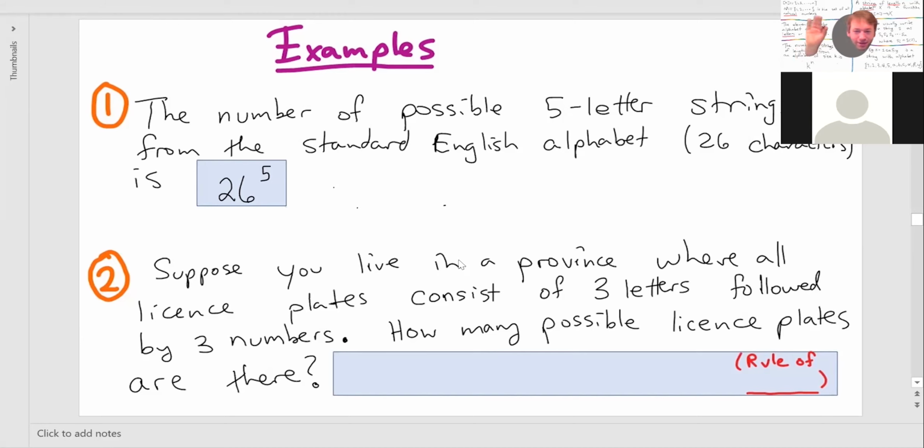But I think you've got the concept. Yeah, so 26 cubed, 10 cubed. I always forget whether 0 is a number or not. Maybe when I ask these questions in the future, I should always say a digit between 0 and 9 or something. But okay, so hopefully that's clear.